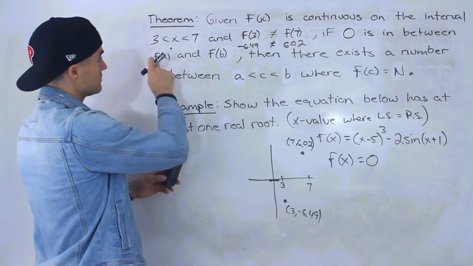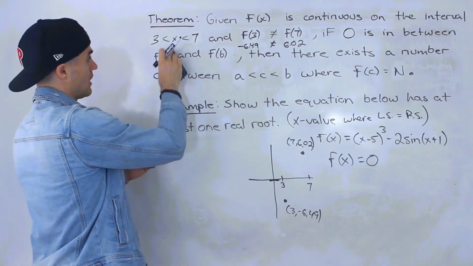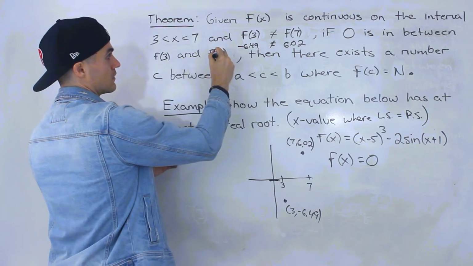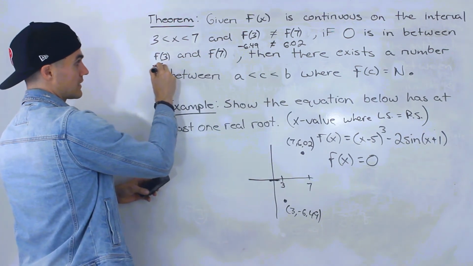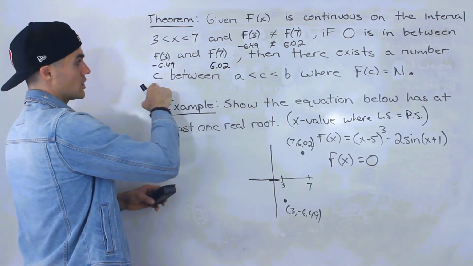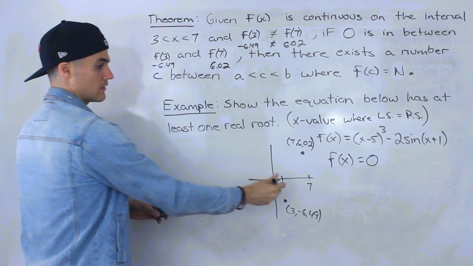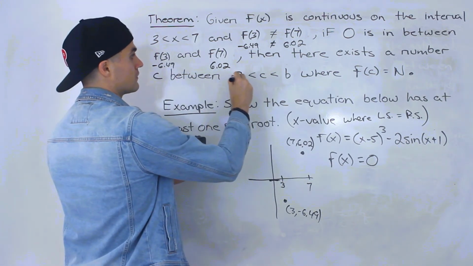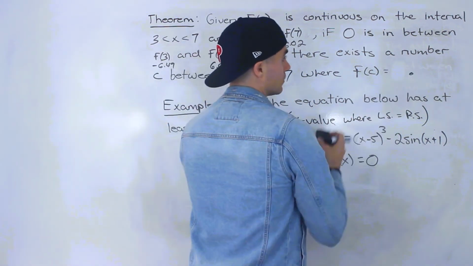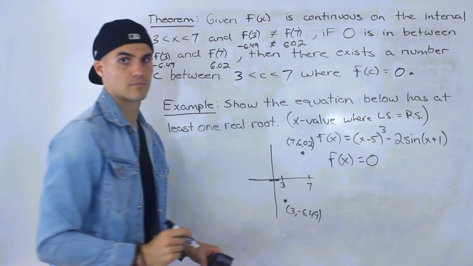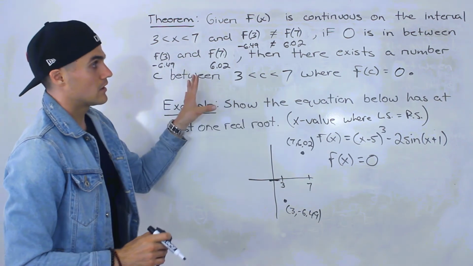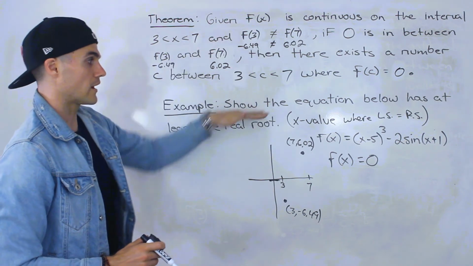So if 0 is in between f of a, f of 3, and f of 7, which it is, 0 is in between negative 6.49 and positive 6.02, then there exists a number c in between 3 and 7 where f of c is going to equal 0. And we're done. So you can say by the intermediate value theorem, you could write out this sentence.